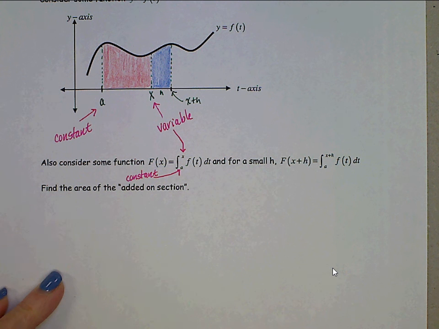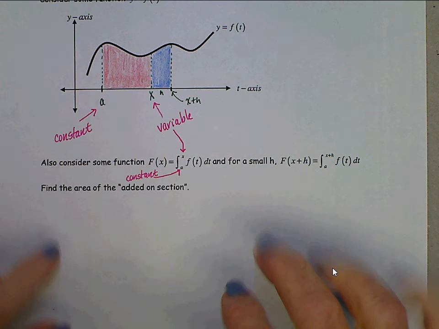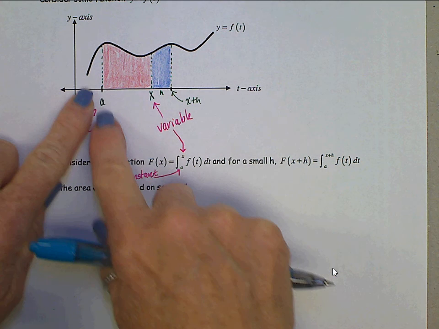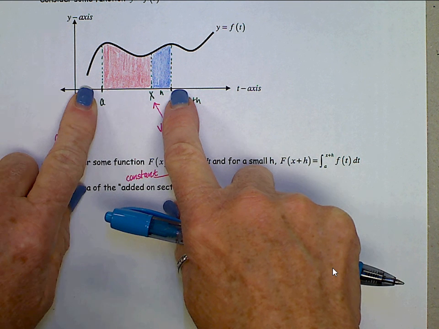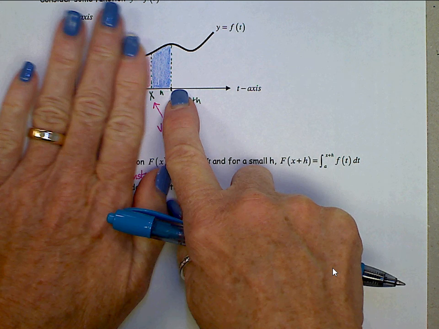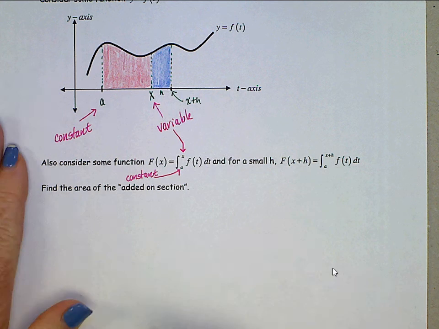The area of that added on section can be described by the area from a all the way to x plus h minus the area from a to x. So if we take that off, that leaves us with that added on section.